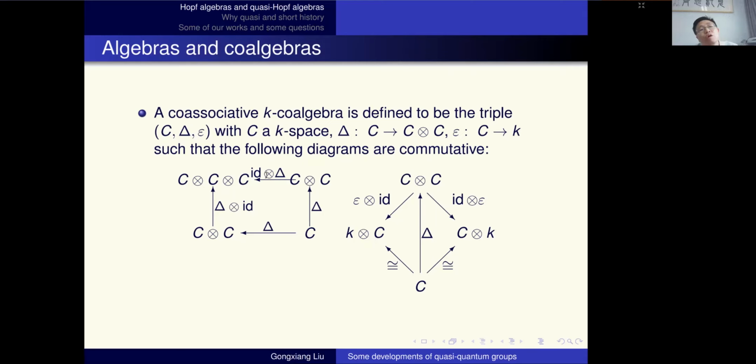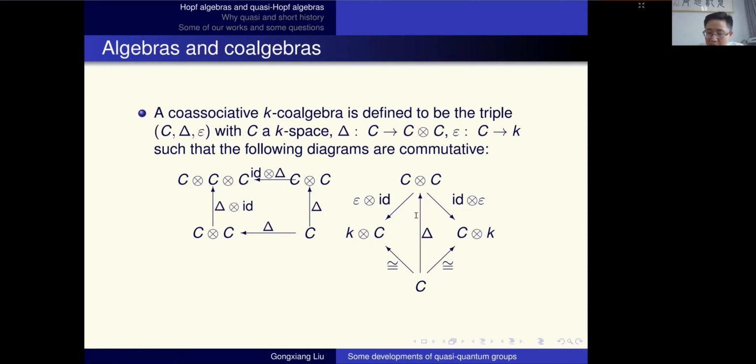So if you want to know more about the co-algebra, I strongly recommend you take some examples, especially some quite simple associative algebra. Then you take the linear dual, and you can find it will be a co-associative co-algebra. And I recommend you write out the meaning of these diagrams. Maybe you can get a good understanding.